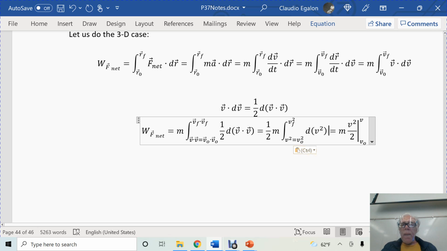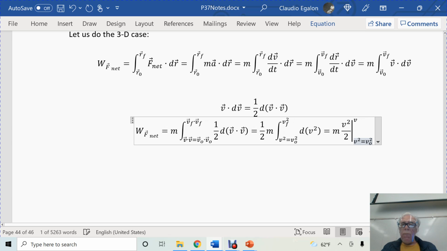And I'm going to emphasize that we must substitute v squared with v naught squared.